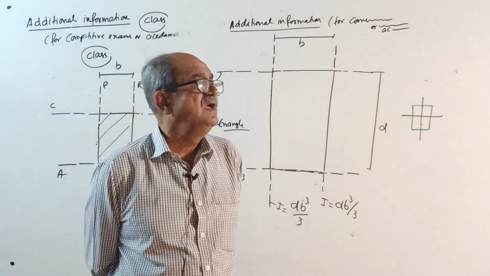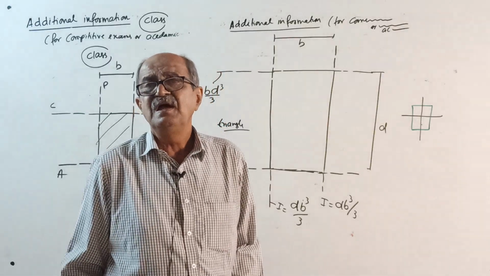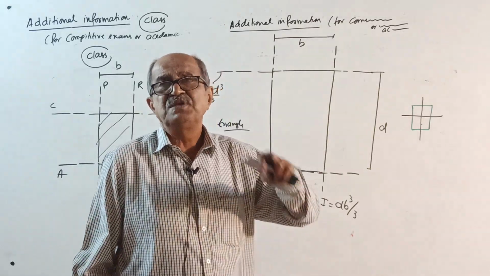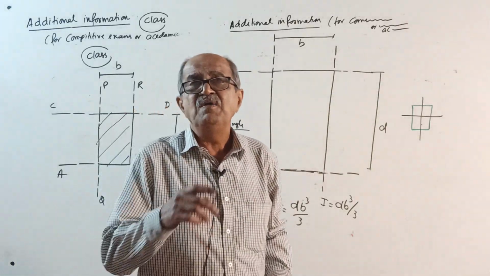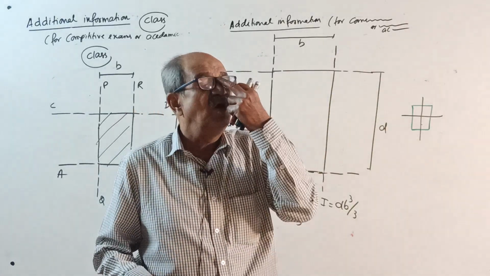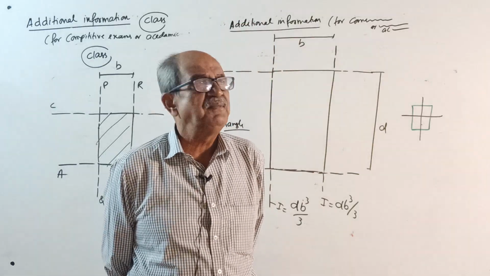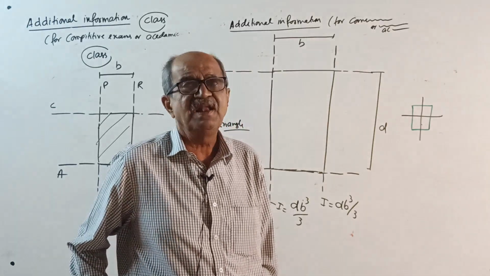Once triangle is over, I will cover circular section, then semicircular section and quadrant of a circle. Once that is over, I will thoroughly explain the parallel axis theorem once again, and also give information and details of radius of gyration, and those two missing, polar moment of inertia and product of inertia, briefly, not much application in our class.